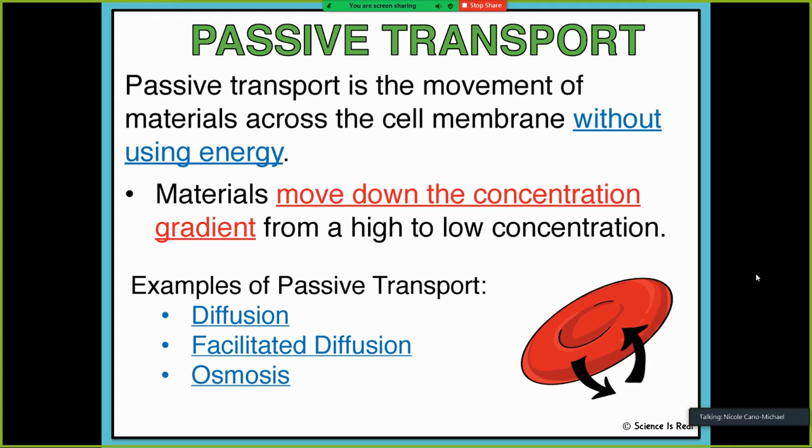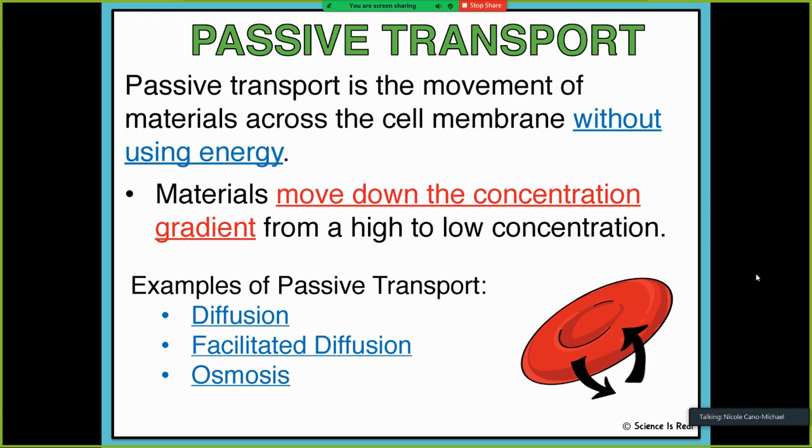Passive transport is movement of material across a cell membrane without using energy. In other words, whatever materials we're using are moving down the concentration gradient. In other words, they're going from high areas of concentration to areas of low concentration. This happens naturally. It does not require any energy from the cell.